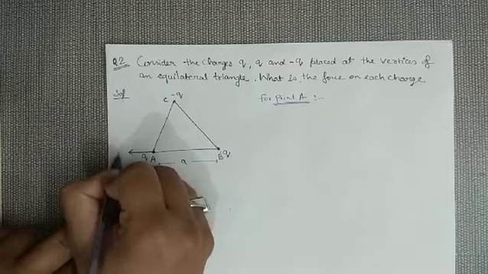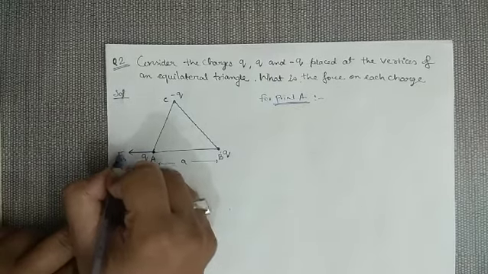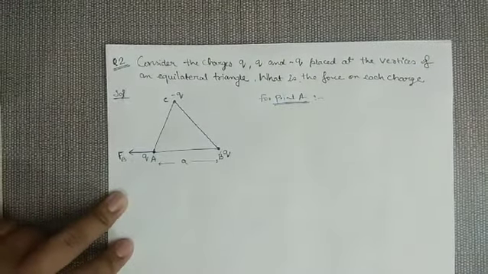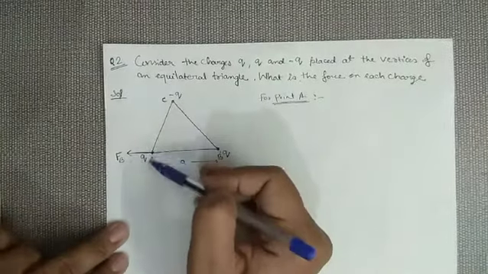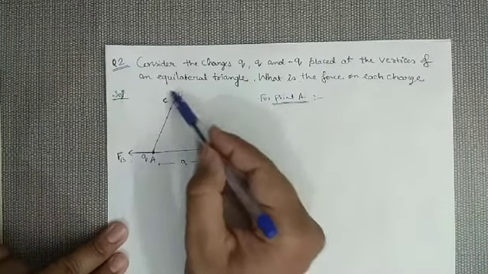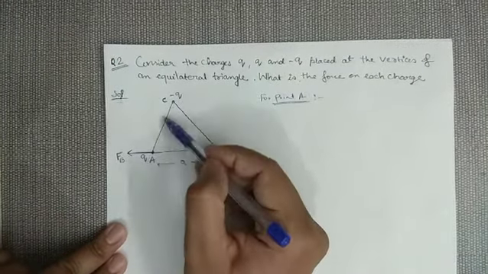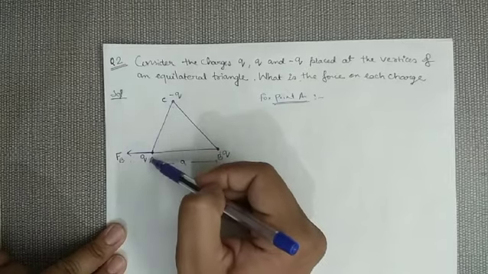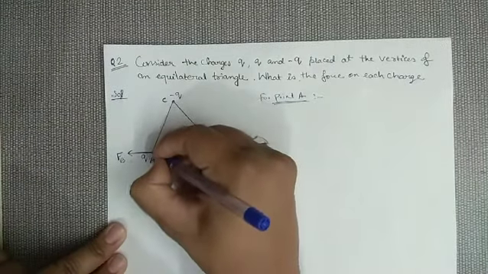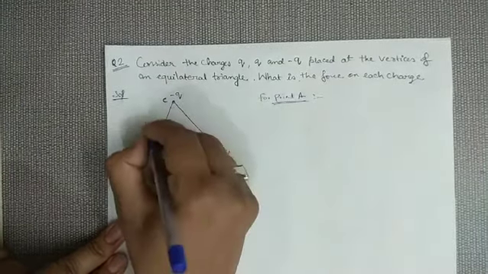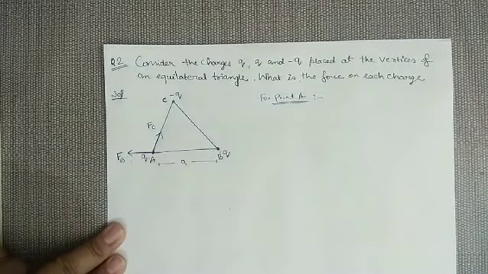This will be the force applied by the charge at B. Now see, this is positive and this is negative. So this C is going to attract the charge A. So this will be the direction of the force applied by C.